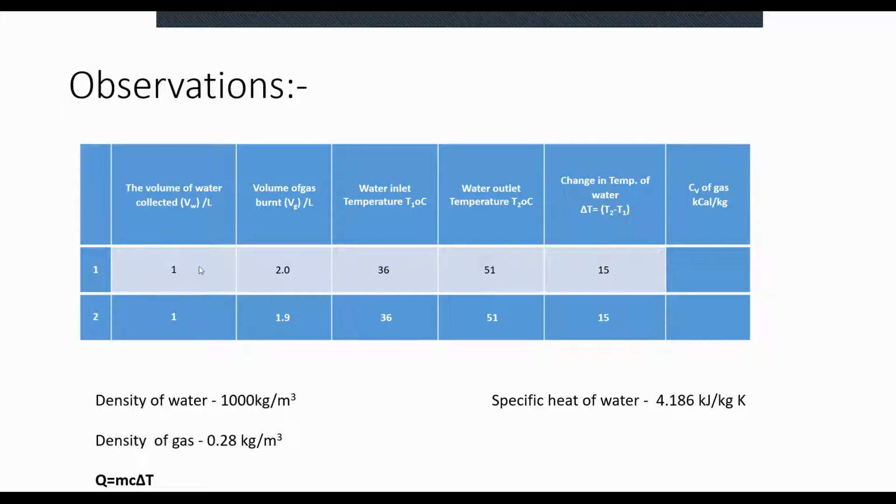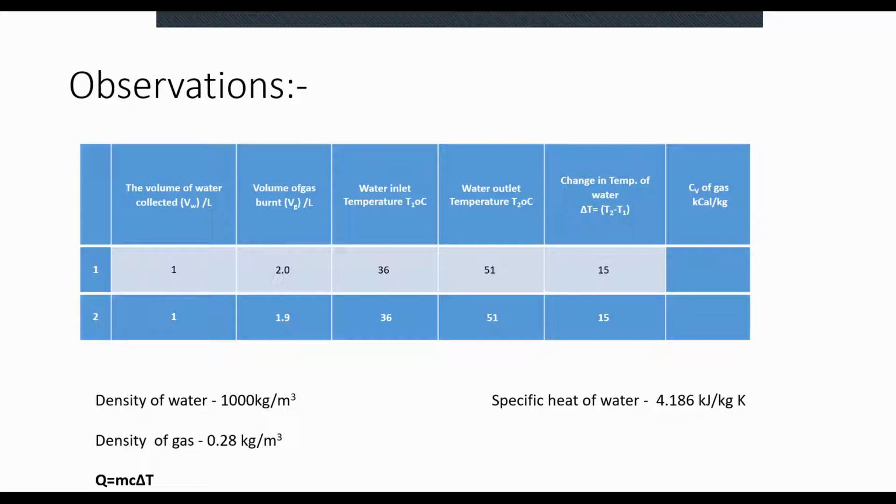When you start to collect, I am looking at the gas meter, right? When I collect 1 liter of water, that much gas flows through this gas meter. The gas meter is 2 liter, that gas meter you can see. I will show it to you later. If you rotate it 1 time, the volume of gas that has flowed through this meter is 2 liter.